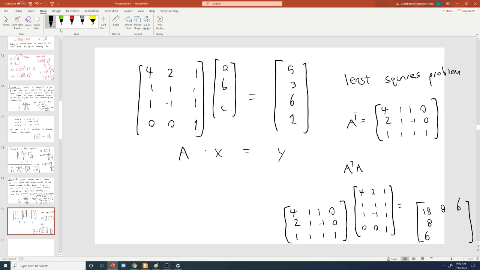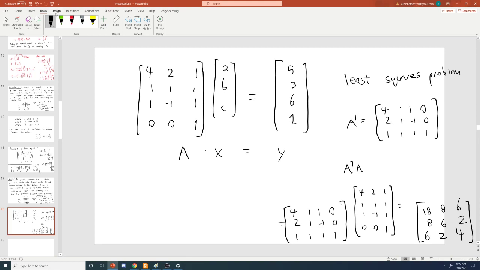Now if I multiply this by this, I simply get 2. Same thing if I multiply this by this. And then if I multiply this by this, I believe I get 6. And if I multiply this by this, I get 4. So this gives me A transpose times A.